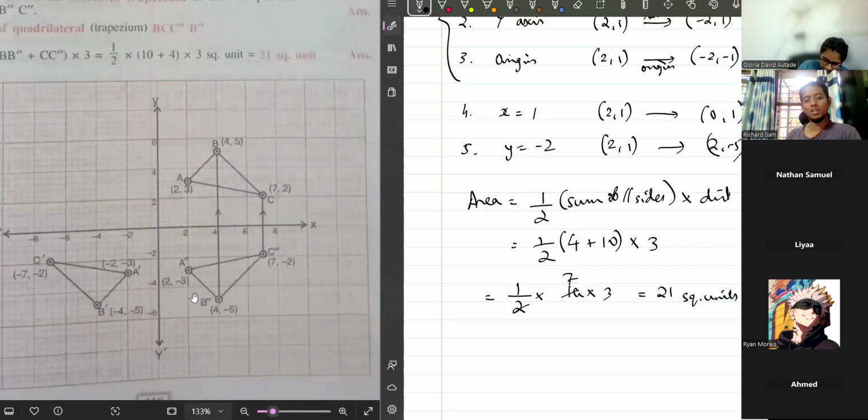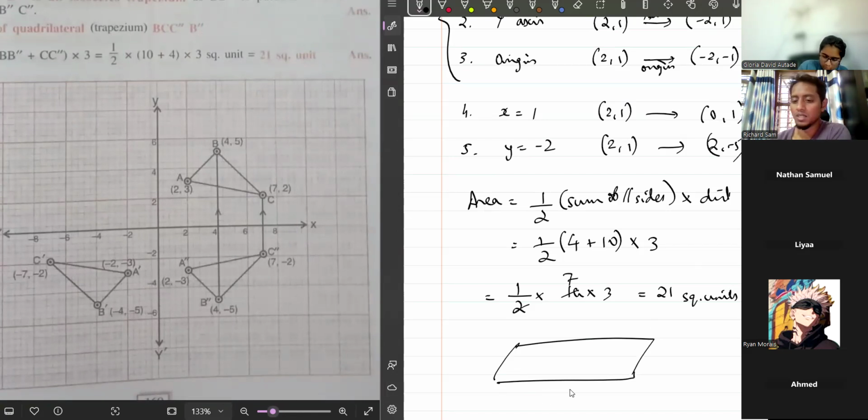If it's a parallelogram, what's the area of parallelogram formula? This is a parallelogram. Area formula is what? It's base into height. You need the height, the perpendicular distance to the base. Formula is base into height.